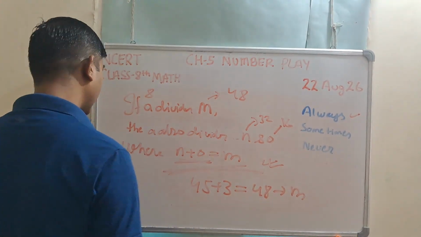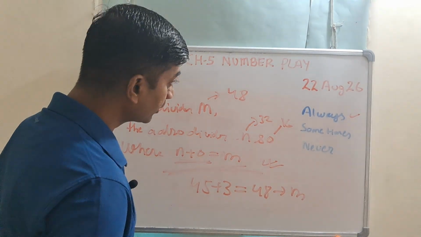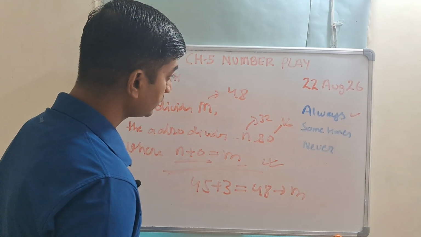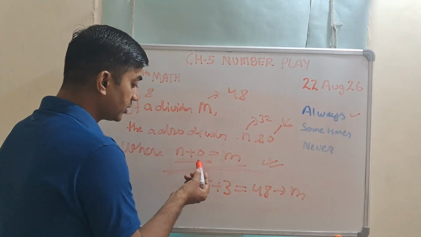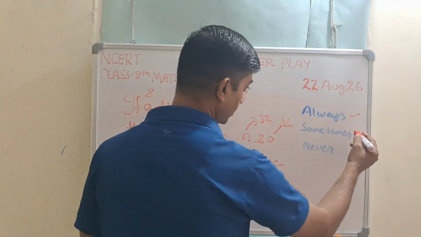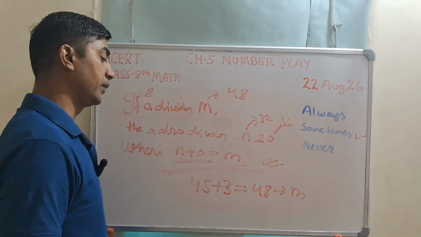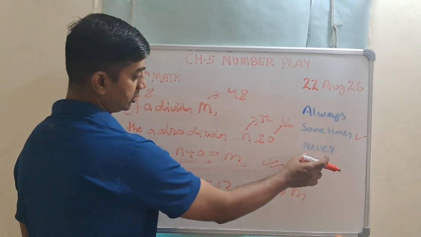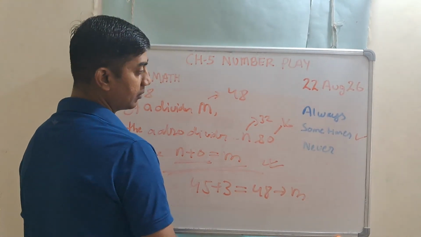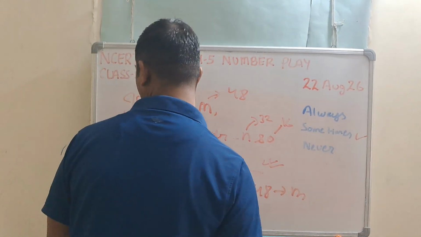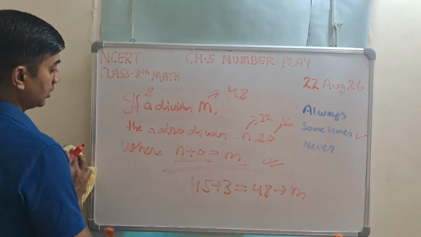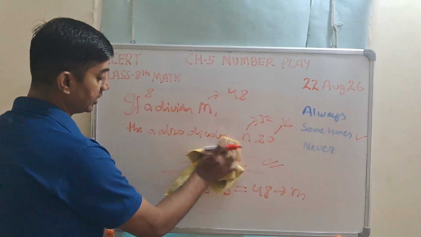So what we have concluded is that this statement is true but only sometimes, not always. And never is also not applicable because it does hold in some cases. So you have to remember this statement. Understood?